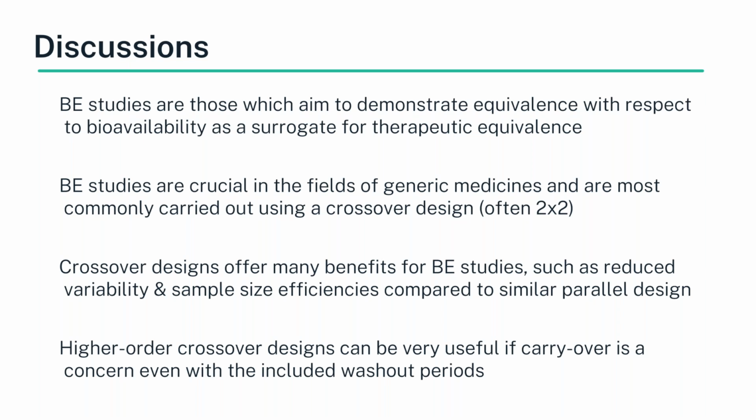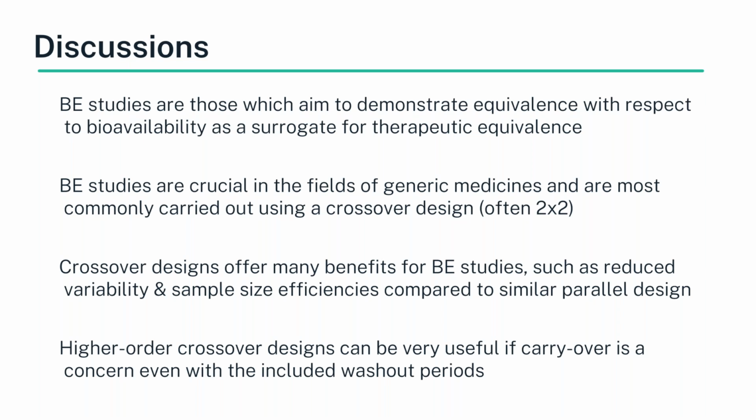As well, certain designs, replicate designs, can facilitate unbiased estimates for the intra-subject variability. And so this reduced variability can lead to sample size efficiencies when compared to parallel trials. Lastly then, higher order crossover designs can be very useful if carryover is a concern, even with included washout periods.